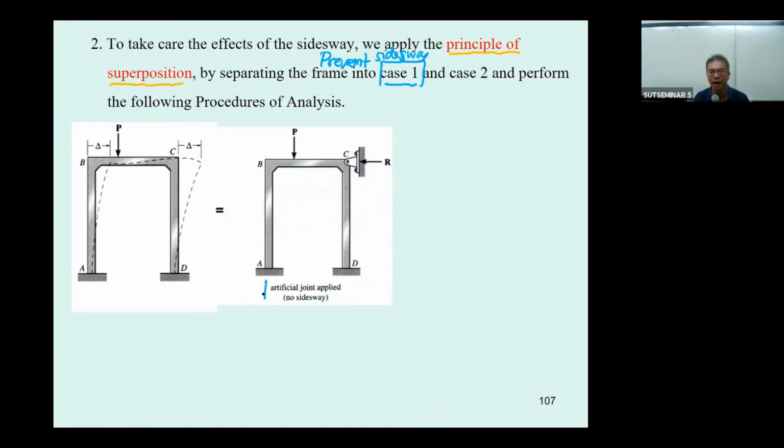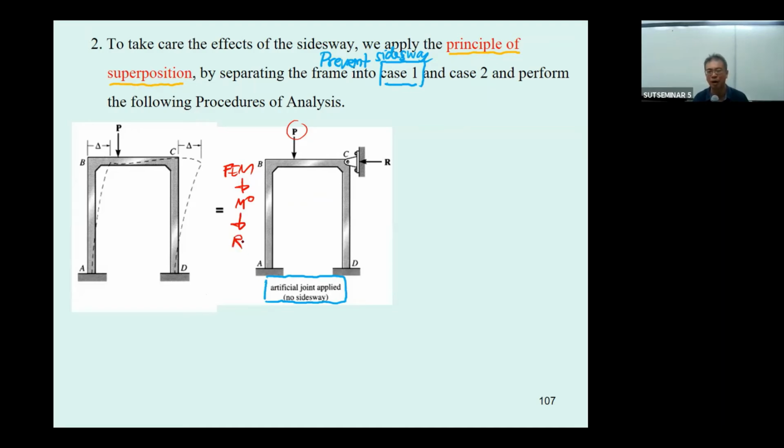By doing this, an artificial joint support is applied at joint C to prevent the sidesway. Under the application of the loading, we compute the fixed end moment, and then we do the moment distribution. You get the M sub O, and then we compute the reaction R.